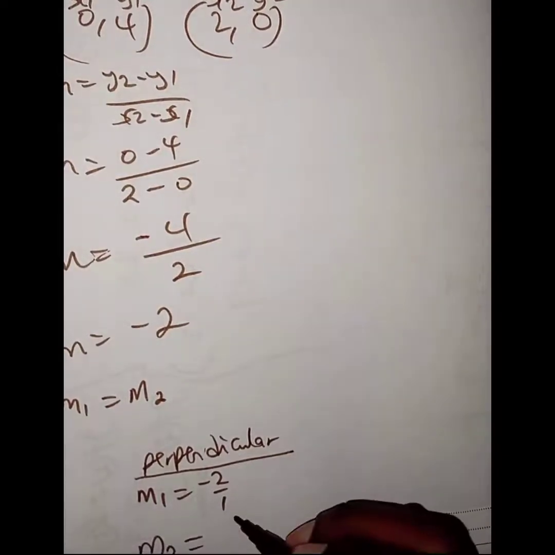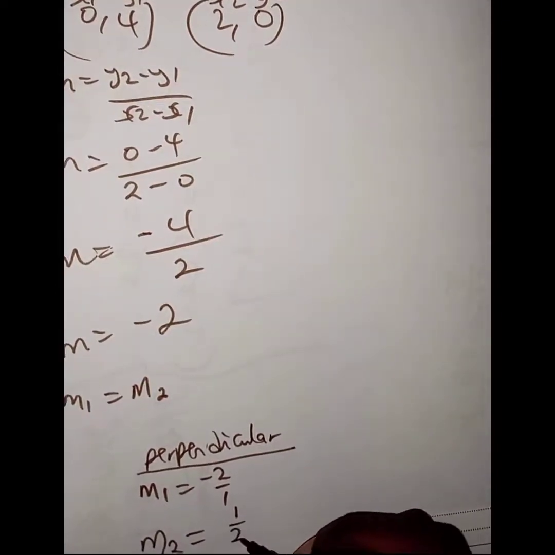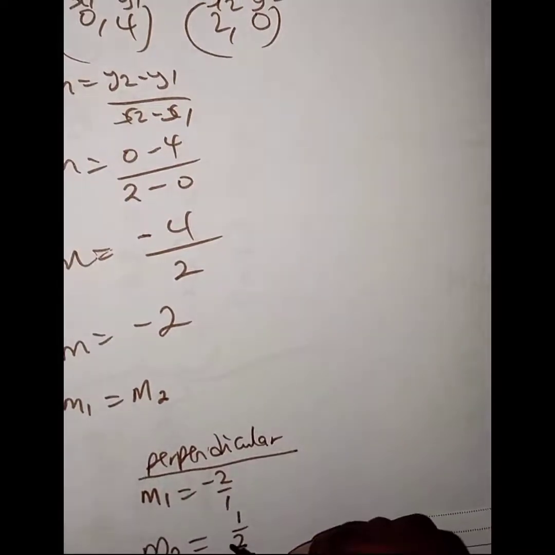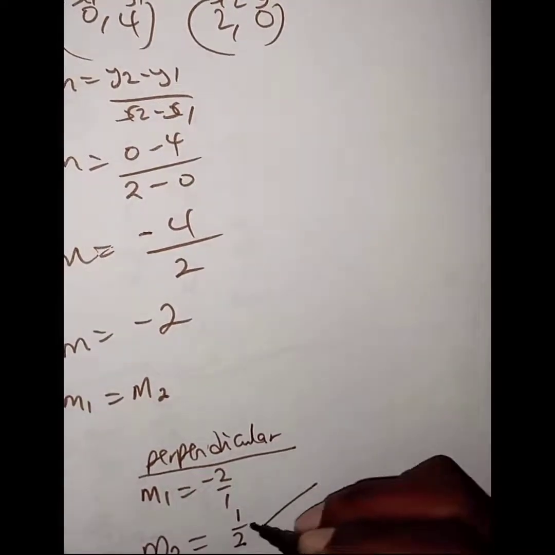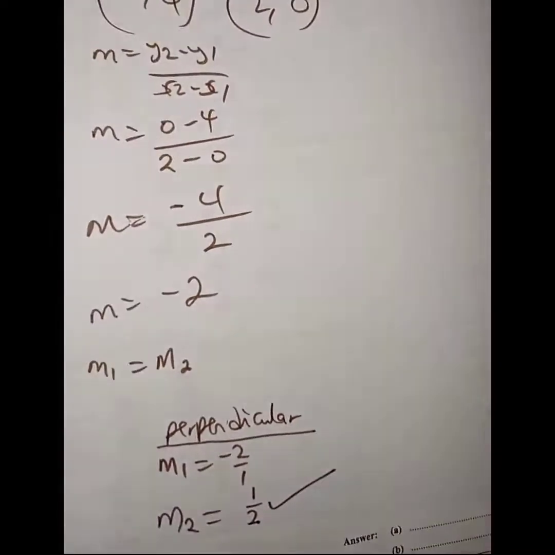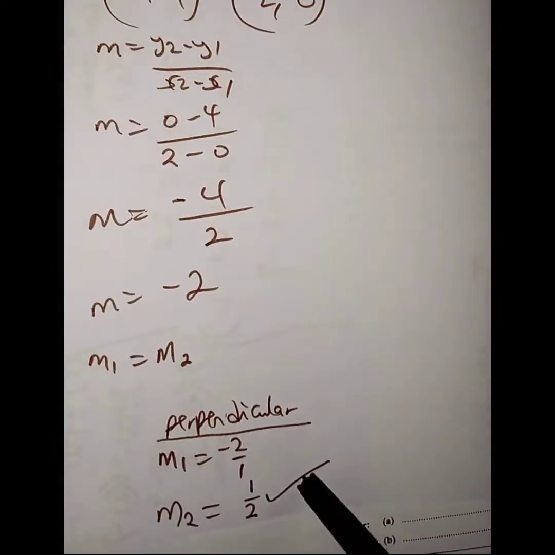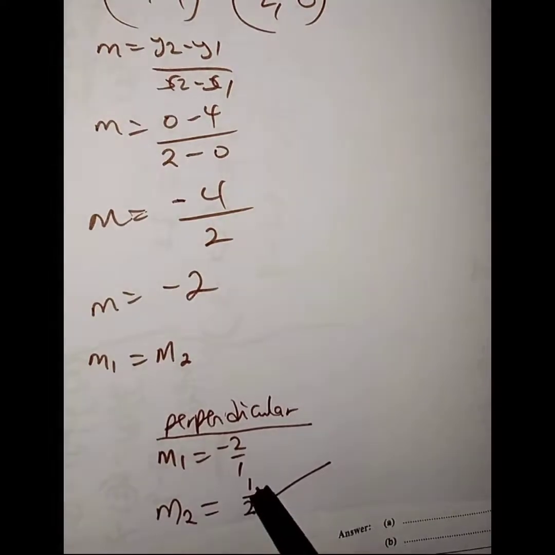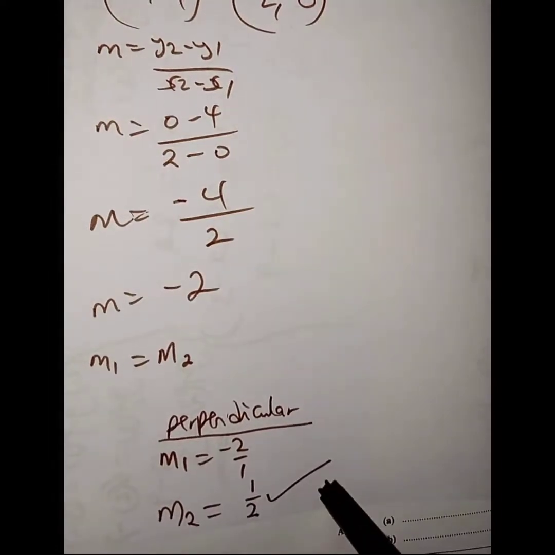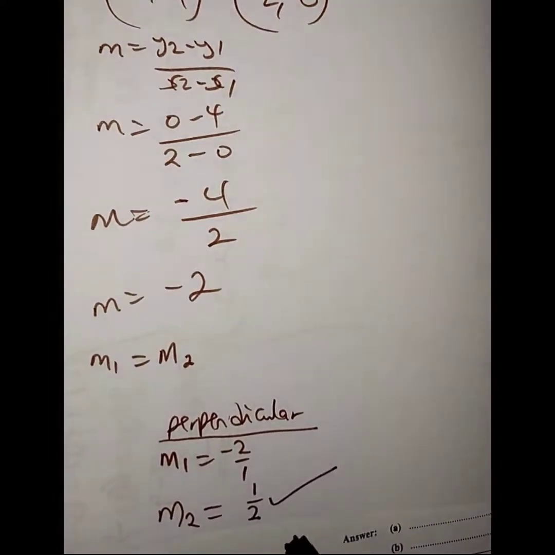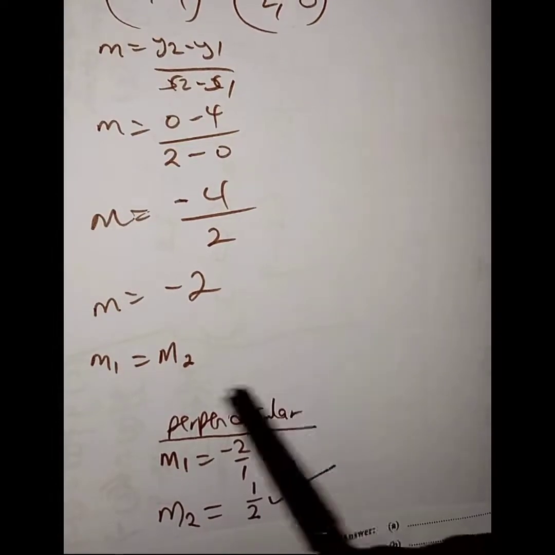You interchange this, the 1 will go up, the 2 will come down. If it was negative, it will become positive. So you can use half when they mention that the two lines are perpendicular. You change the first gradient, which is m1, to get the second one, only when they mention perpendicular.